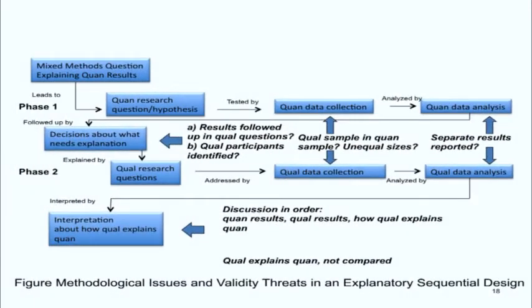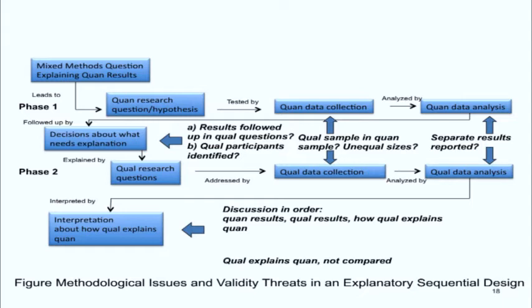Well, here's another diagram, kind of the step-by-step process, where you're starting with quantitative research questions, hypotheses, collecting data, analyzing it, moving on to qualitative. What I did in this diagram was I put in some of the challenges, the validity threats that are likely to arise.